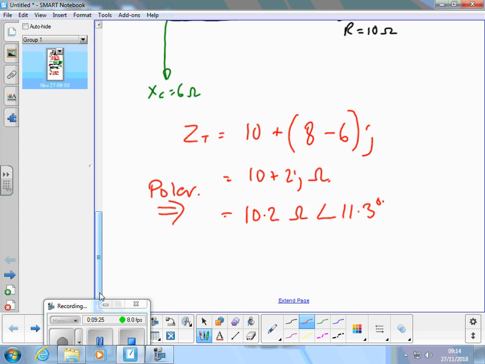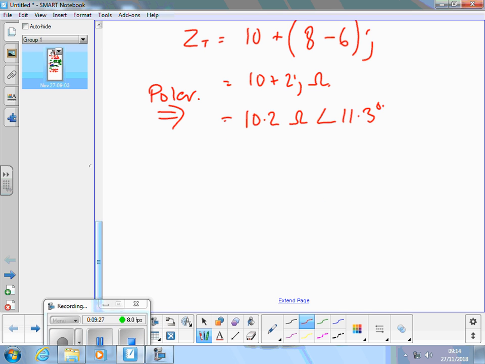So now we've got our impedance. We can say I is equal to E over ZT. And the voltage was 24 volts.